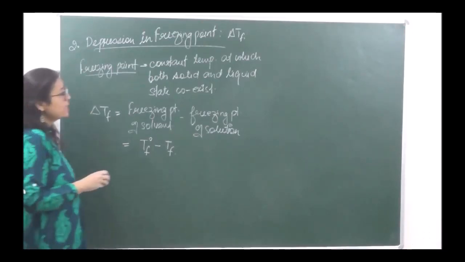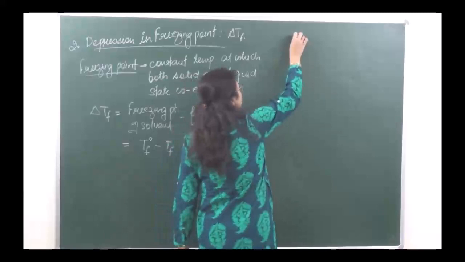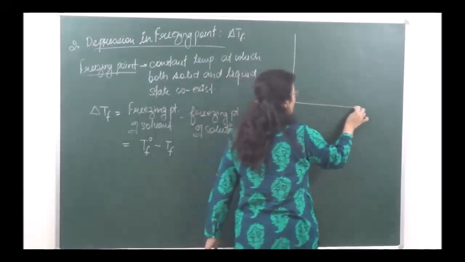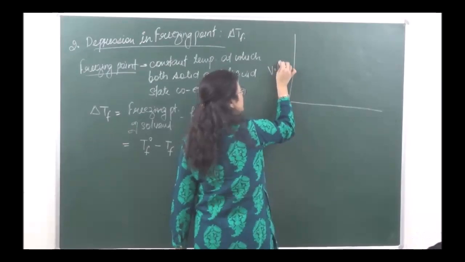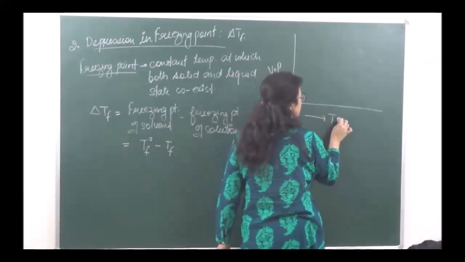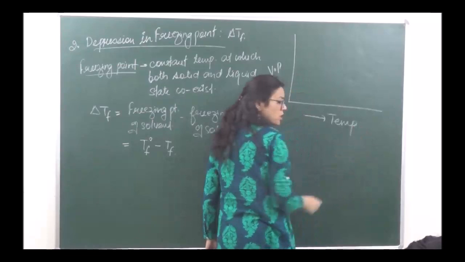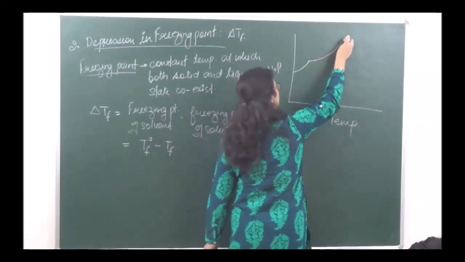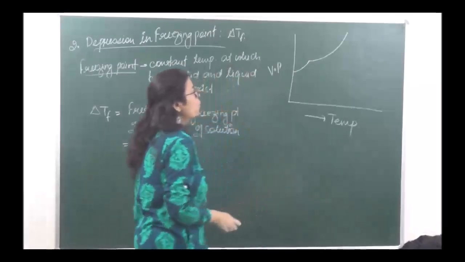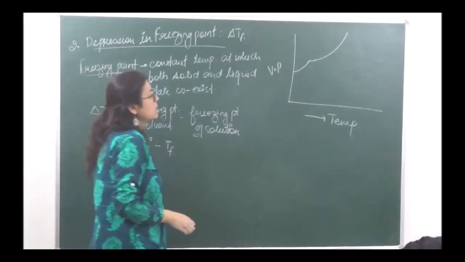If we are explaining it graphically, let's see. If this is the vapor pressure and this is the temperature, we say that the graph of the pure solvent comes like this.